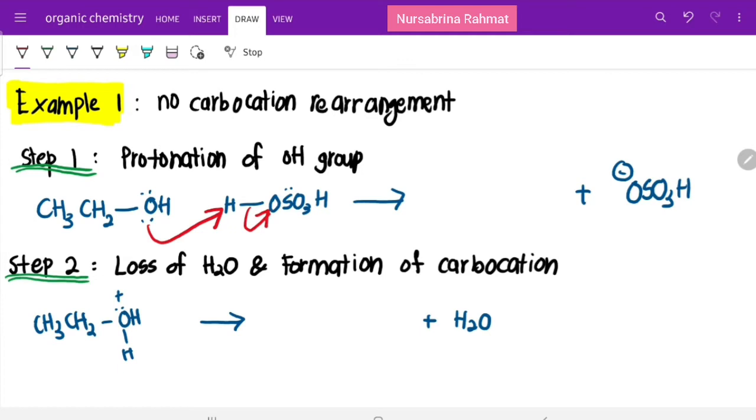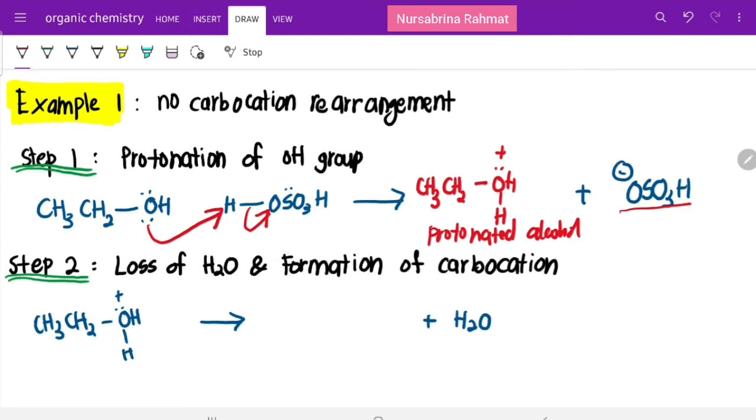So we are making an electrophile and a nucleophile, which is your OSO3H. This nucleophile will be useful at the end of the dehydration of alcohol, which is at your last step, so we're going to use it later on. With a plus charge here, this is your protonated alcohol.